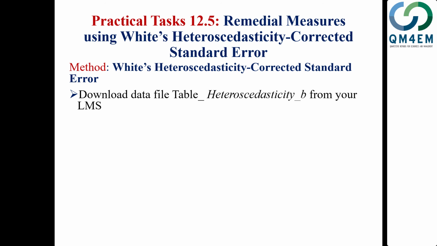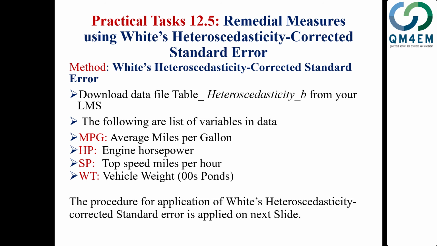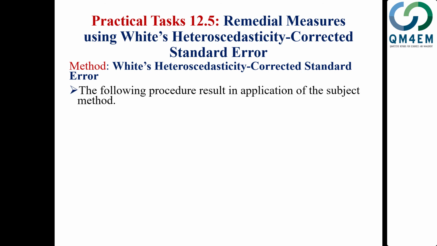Again, get the heteroscedasticity data from your LMS, and then select these three variables, the explanatory variables and the dependent variable that we are going to use, and we are going to apply the White Heteroscedastic Corrected Standard Error method in the next slide. So how can you do that in Eviews? Let me show you.